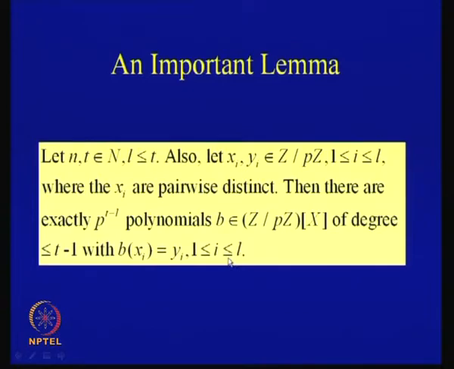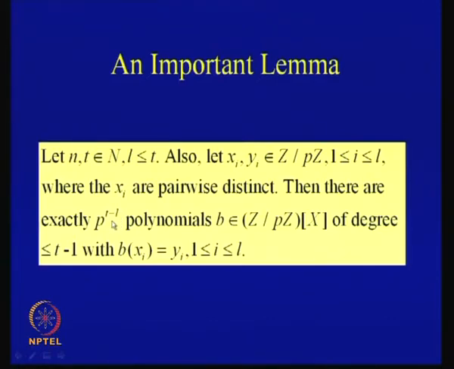So, in our case this has to be satisfied for all these m cases as well as for the constant which you are choosing for any s dash. That means it is for m plus 1 values. Therefore, the number of such polynomials is exactly p to the power of t minus L, and L is equal to m plus 1.